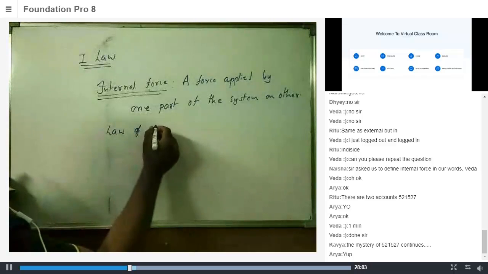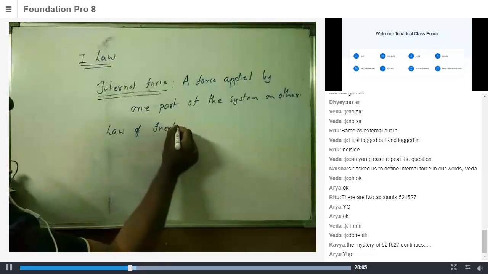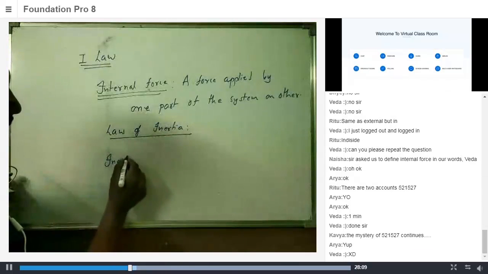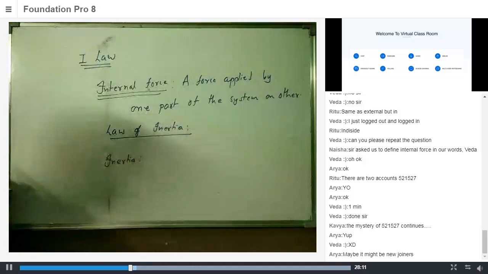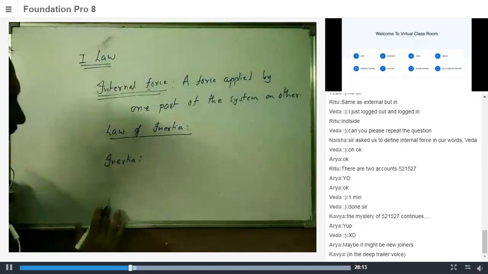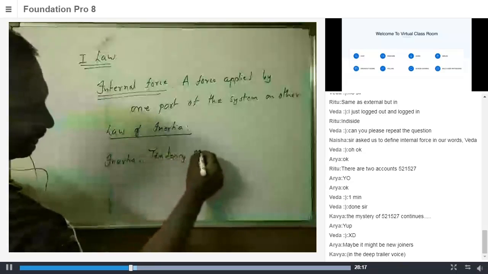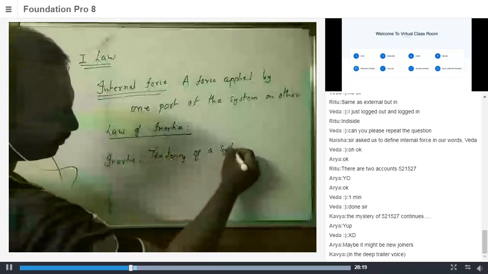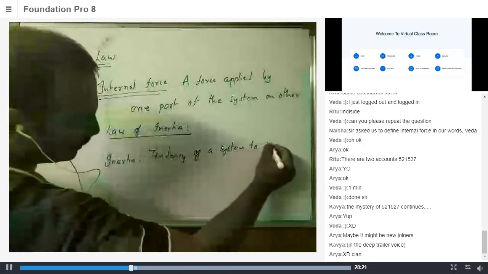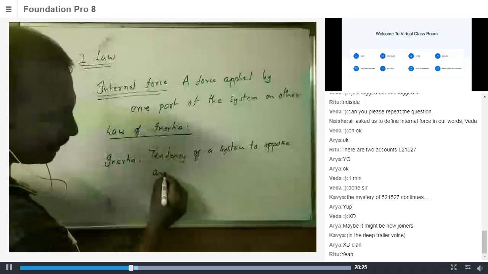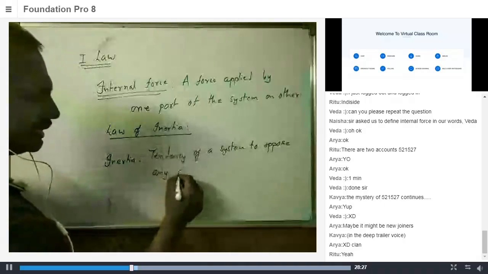So we also call it the law of inertia, right? The first law is also known as the law of inertia. And what did we say? What is inertia? Inertia is the tendency of a system to resist its state of motion, to oppose any change.